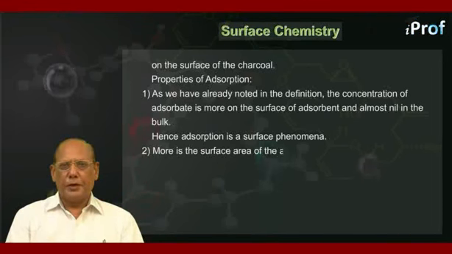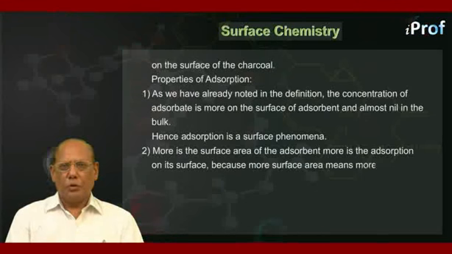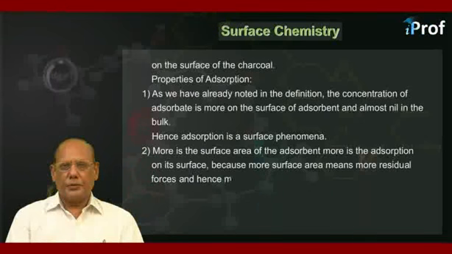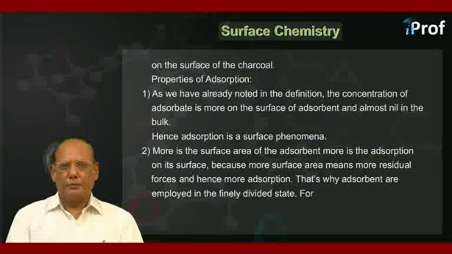Second, the more the surface area of the adsorbent, the more the adsorption on its surface, because more surface area means more residual forces and hence more adsorption. That's why adsorbents are employed in the finely divided state.